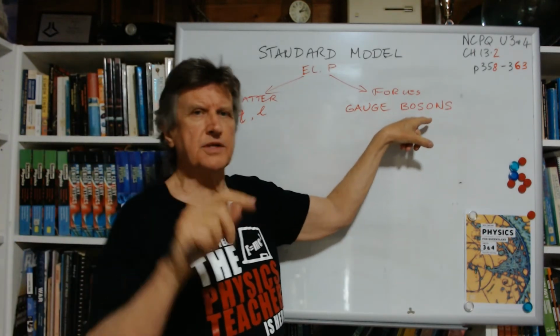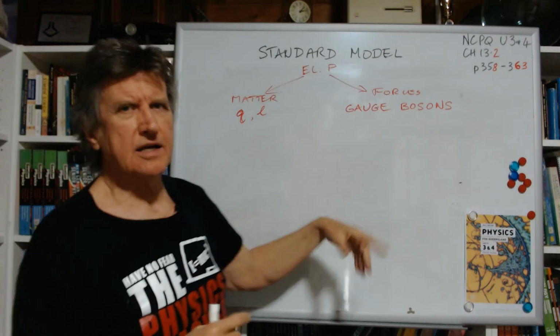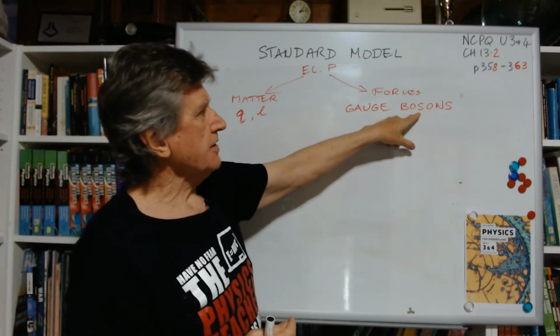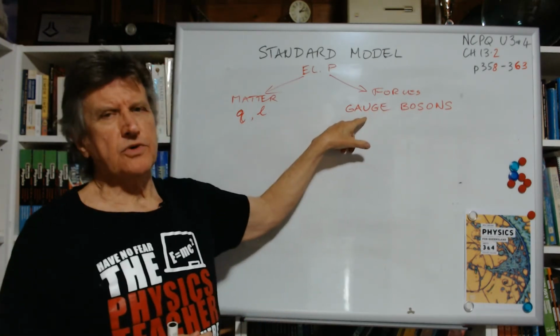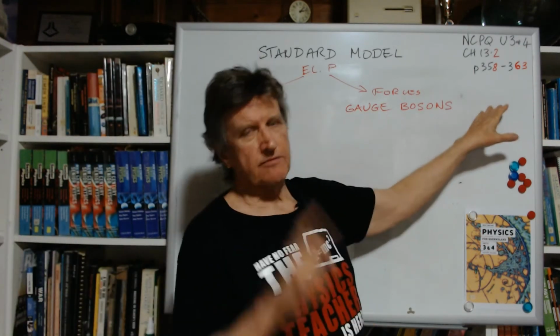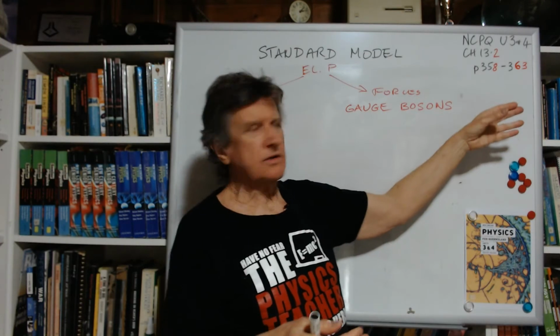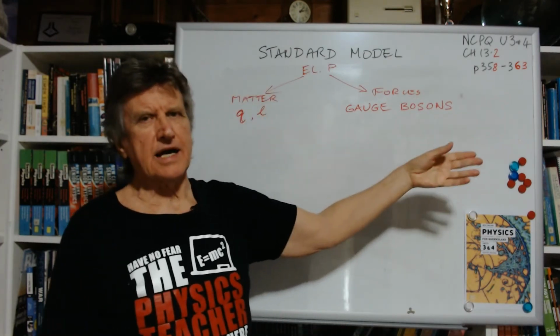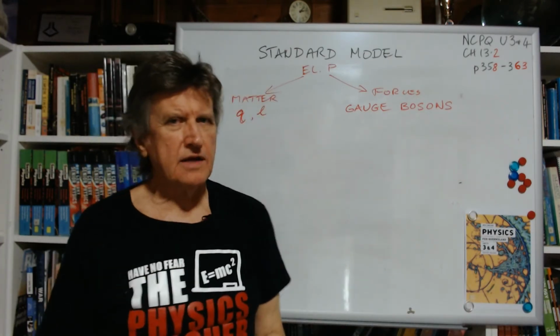The gauge word is to distinguish them from another type of boson, which is called a scalar boson, and the Higgs boson is a scalar boson. Now you don't have to know that. All you have to know is that these things are called gauge bosons. The gauge actually means something to do with measurement.